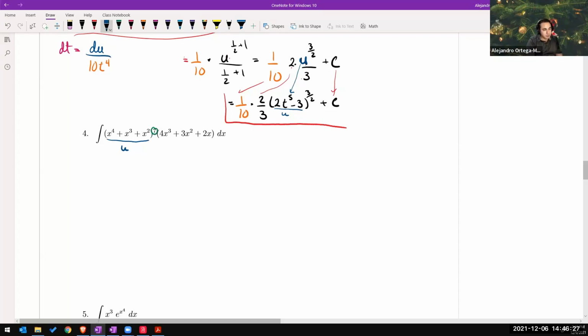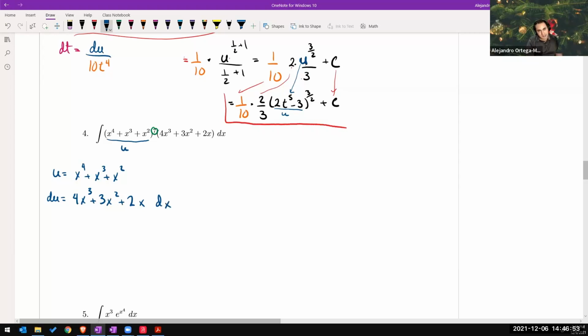Okay, so if we spot our u, then I'll say here that u is x to the 4th plus x cubed plus x squared. Then the du is, let's see, the derivative is going to be 4x cubed plus 3x squared plus 2x dx.